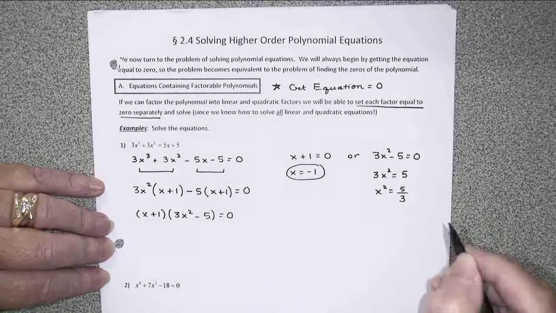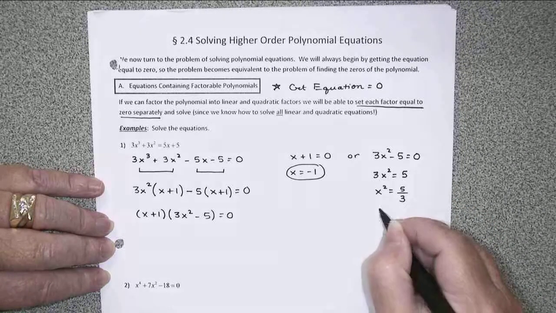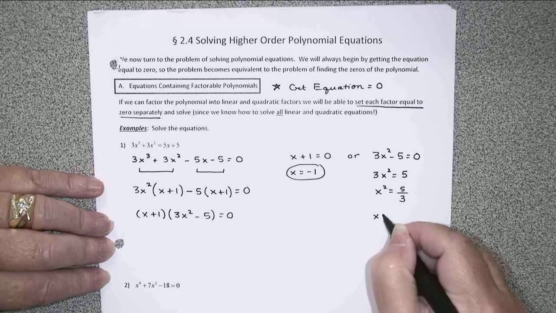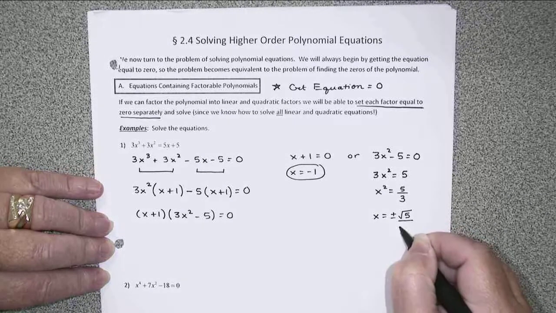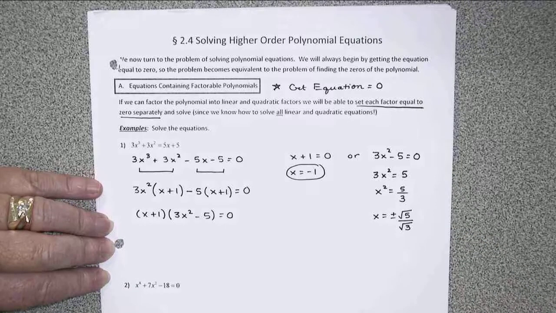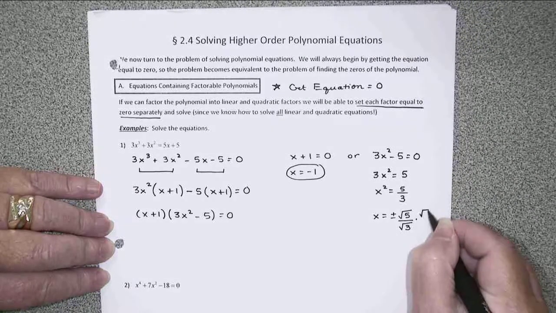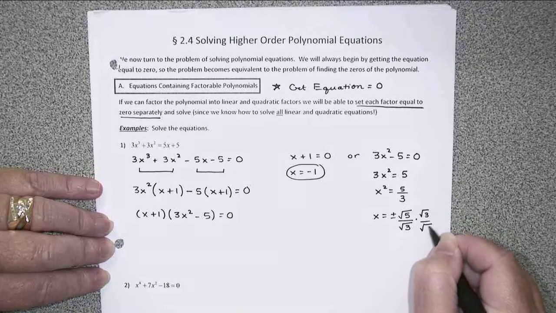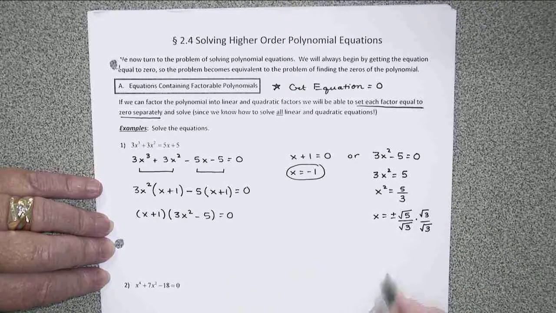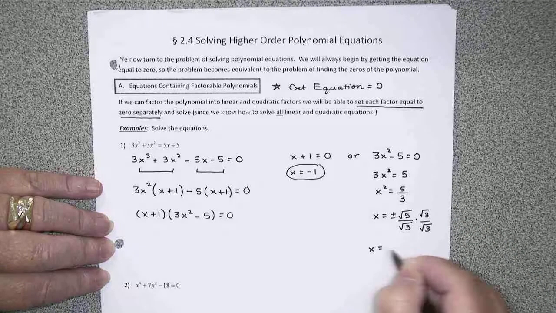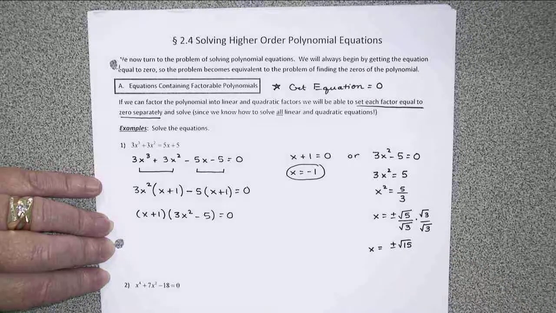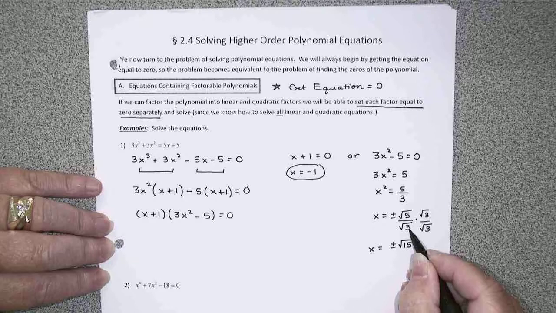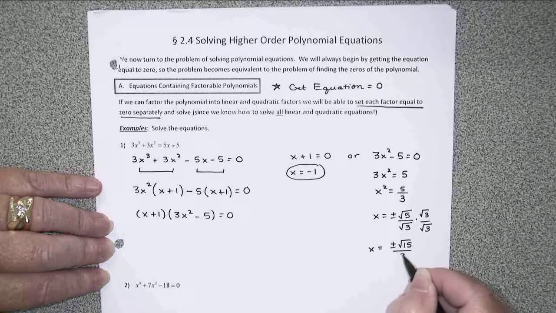If that's x squared, x would be the plus or minus the square root. And I'm going to separate those, the square root of 5 over the square root of 3. And then to finish simplifying, I'll just multiply top and bottom by the square root of 3, giving me x equals plus or minus the square root of 15 over, in the bottom, square root of 9 would just be 3.